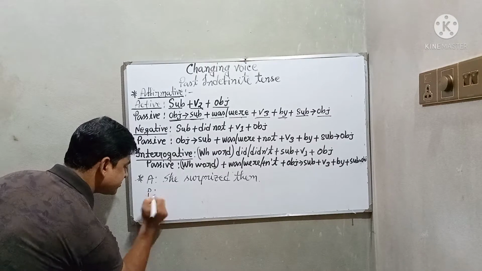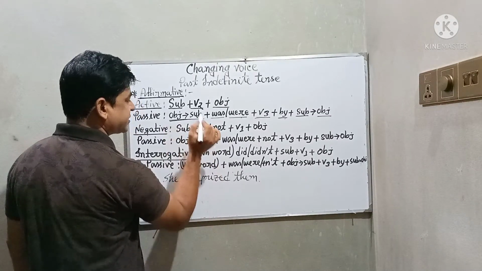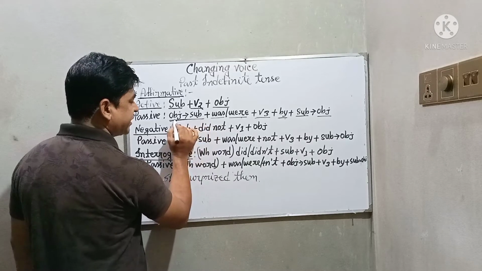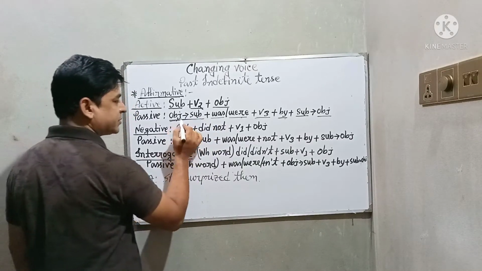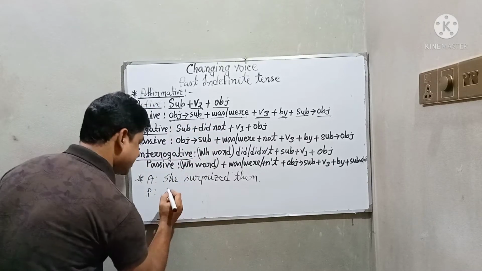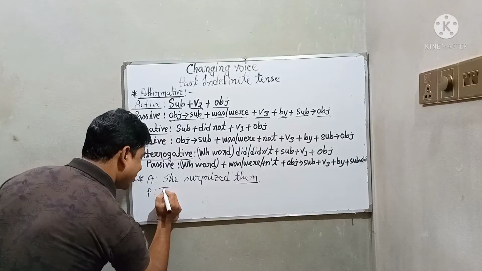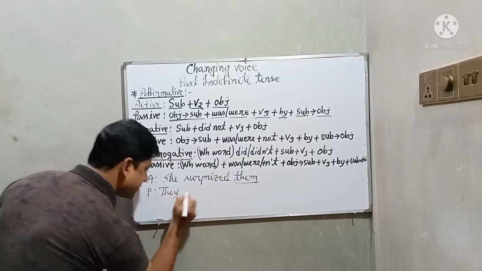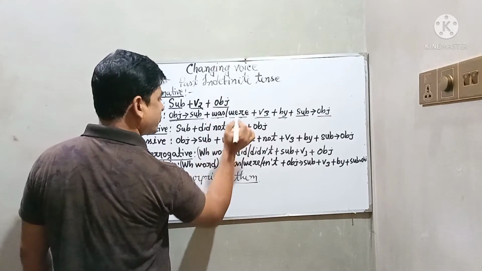Now we are going to make it passive voice. First of all, our first task, making object subject. That means converting object to subject. Okay, our object is them. So what is the subjective form of them? They. Then we have to use was or were.